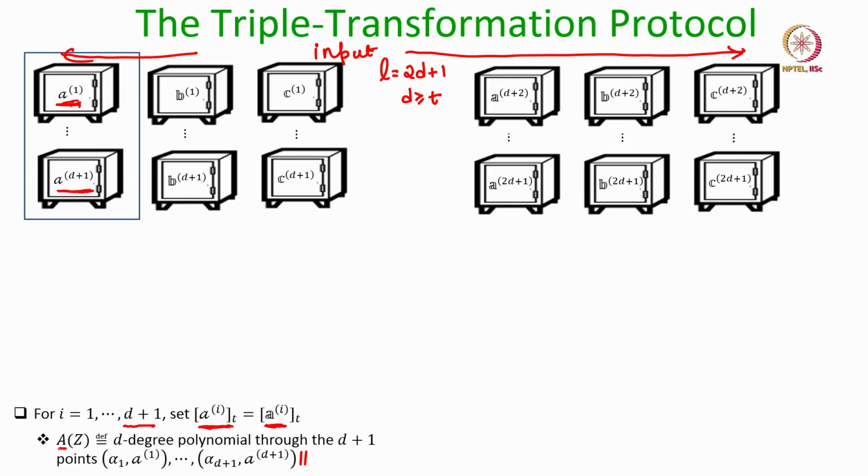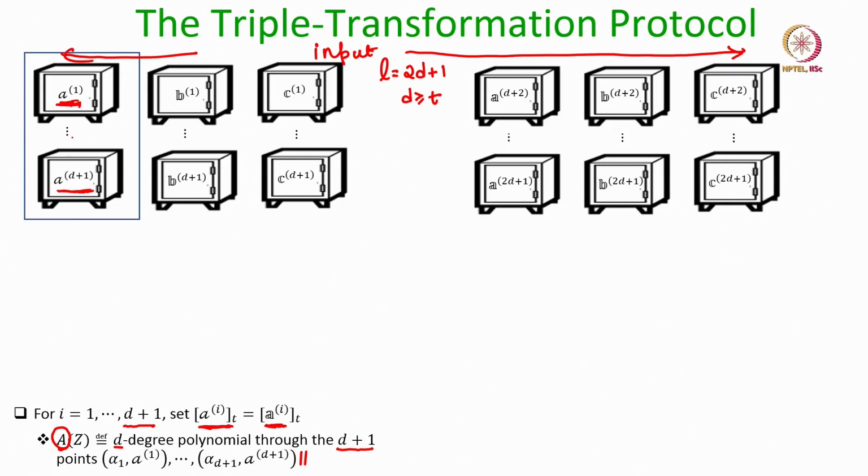And this A polynomial is a well defined polynomial. Why is it a well defined polynomial? Because its degree is d. So, any d degree polynomial can be uniquely defined if I fix d plus 1 points on that polynomial. So, what are the d plus 1 points which I have fixed for the A polynomial? Those points are basically the A components of the first output triplets, which are actually the same as the A components for the first d plus 1 input triplets.